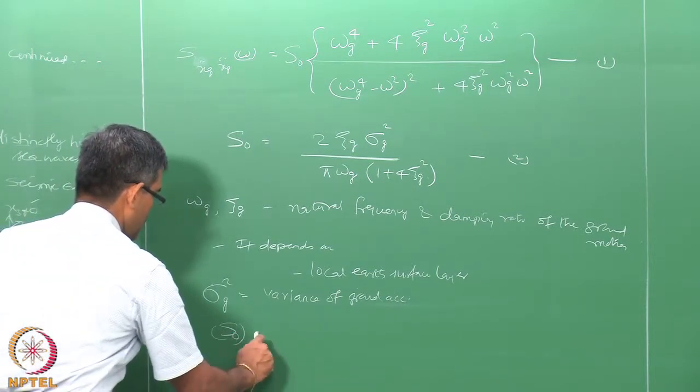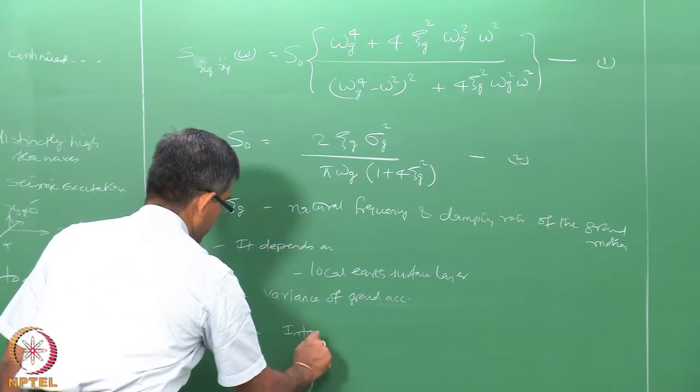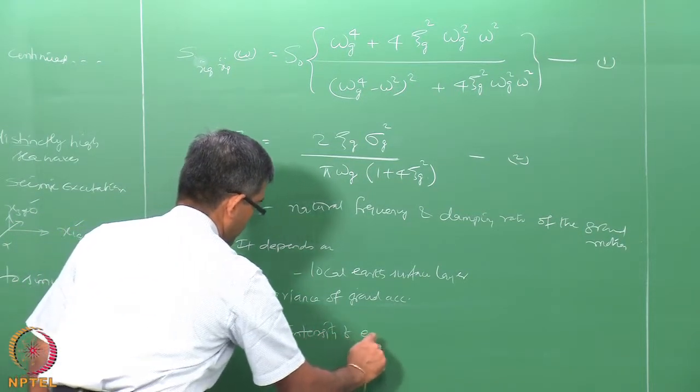S0 is the intensity of the earthquake. We should say intensity of excitation.